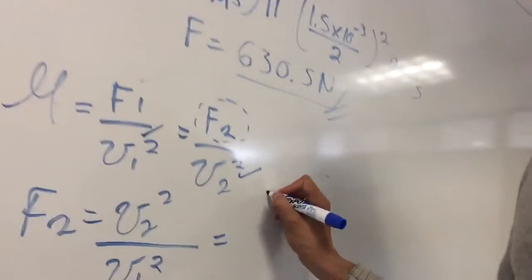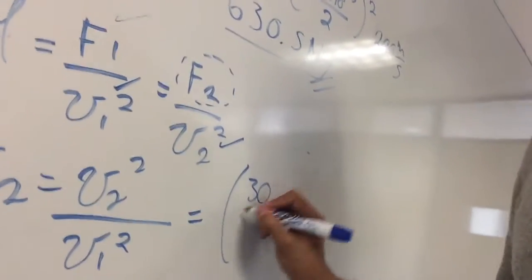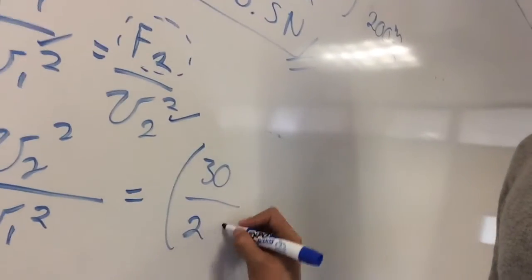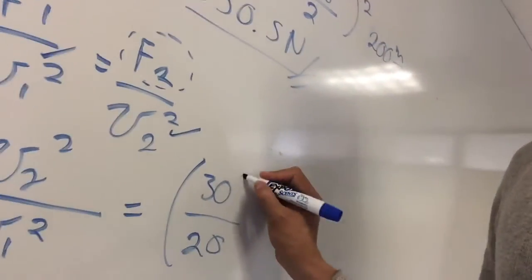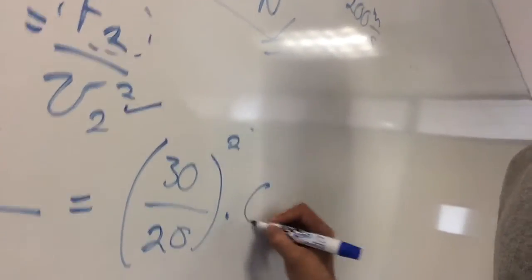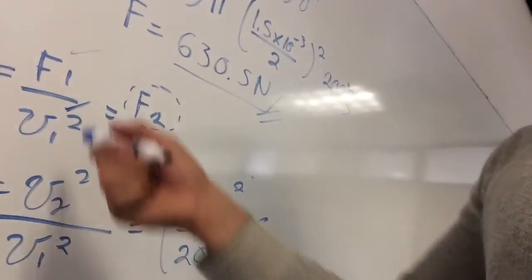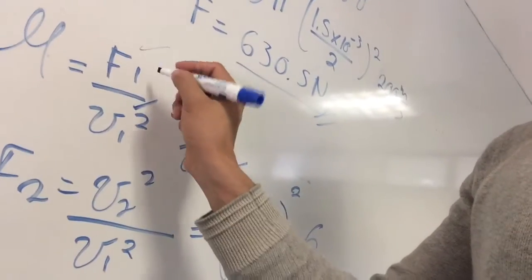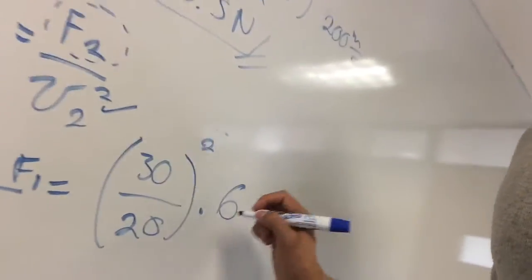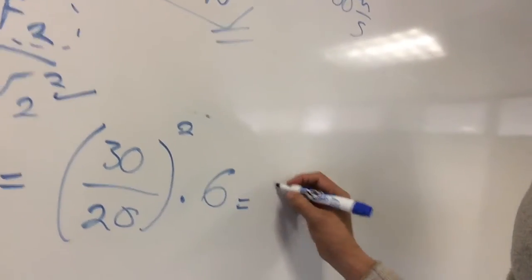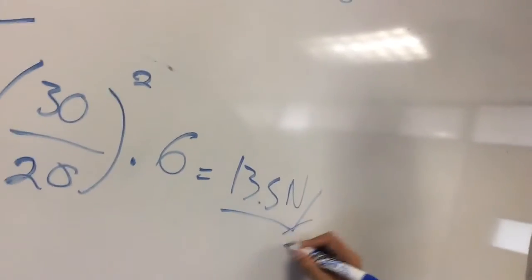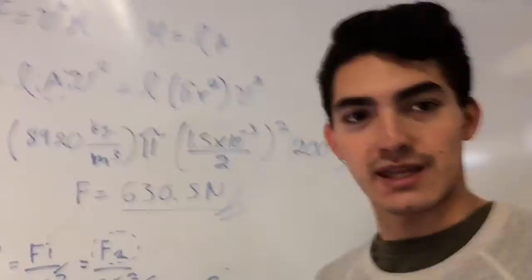This will be equal to 30, that is given, times 20, that is given, squared, times 6, that is our first tension here. And this will be equal to 13.5 newtons, and this is the tension of the string.